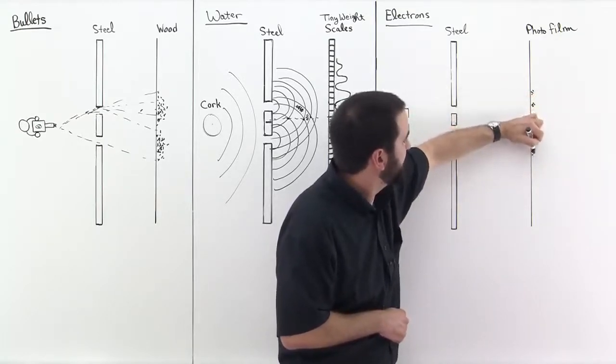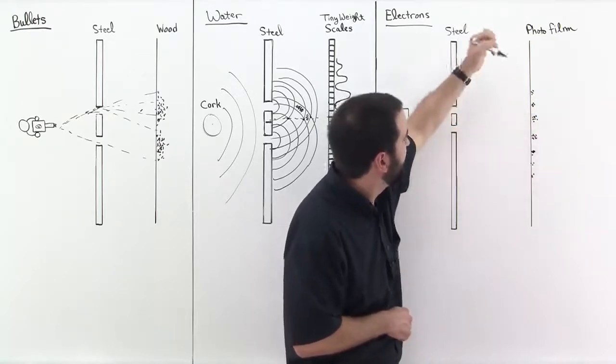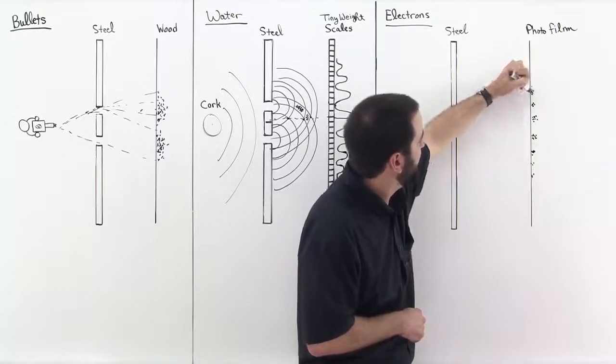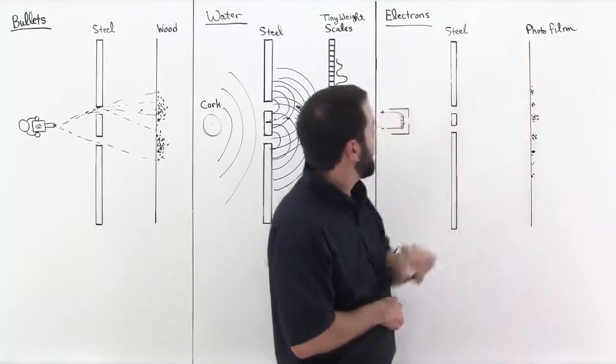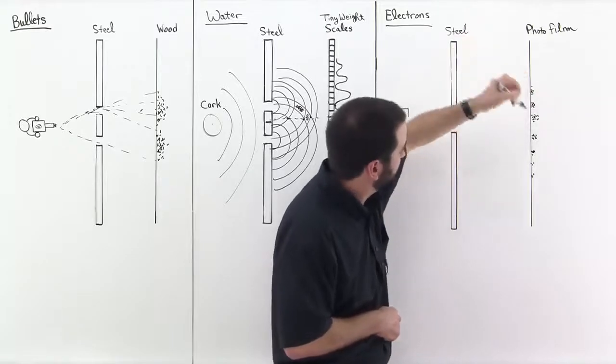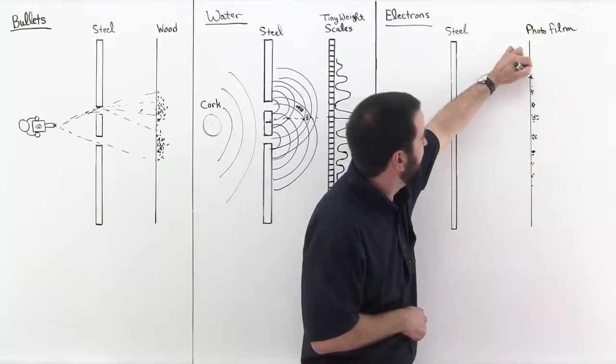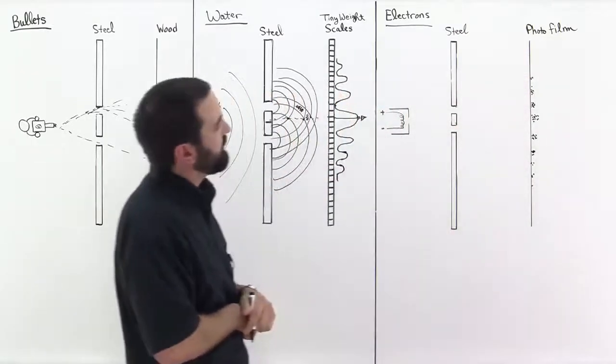So we get this strange result. First off, we notice that the bands that were expected are not the result that we're coming to see. We're coming to see something that looks like the diffraction pattern that we saw earlier.